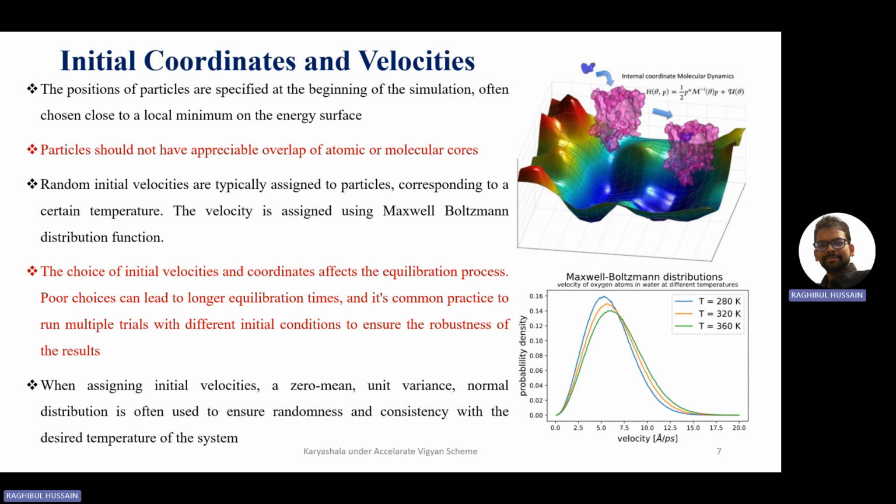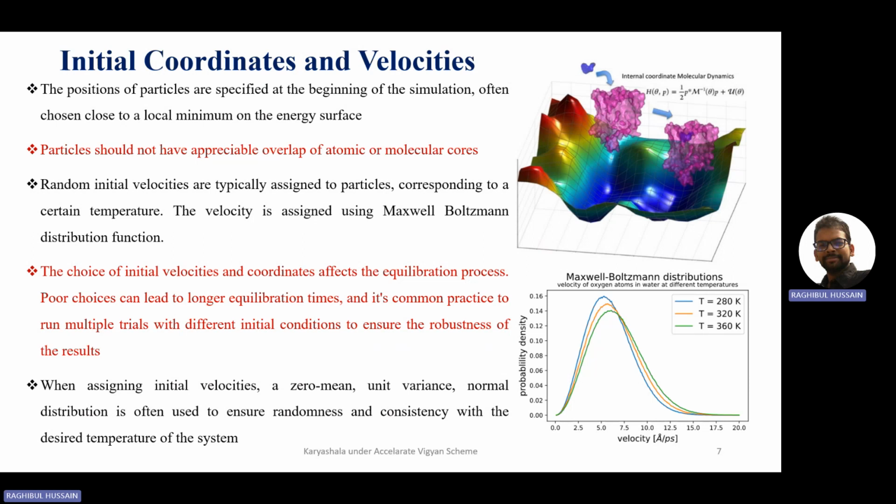The random initial velocities are typically assigned to particles corresponding to a certain temperature as per the Maxwell-Boltzmann distribution. In earlier days, when people used to write many lines of Fortran, they used to do that. Now the software or open source packages take care of this.